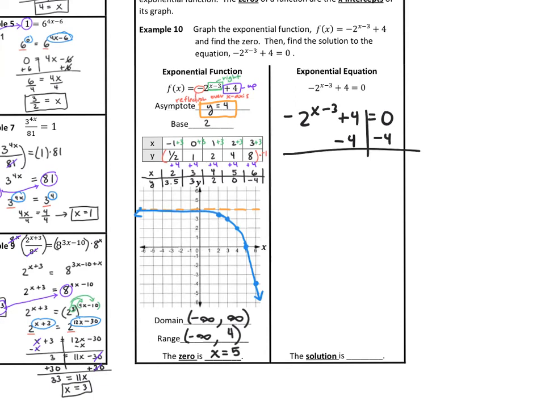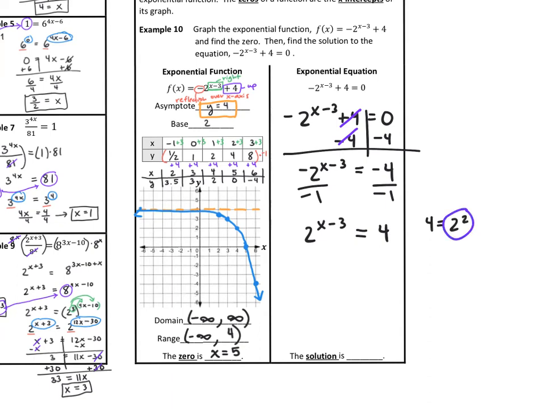So we bring down the negative 2 to the power of x minus 3. Then we see that these will cancel. And what's 0 minus 4? Negative 4. And how do I get rid of a negative? Can I divide both sides by negative 1? Yeah, then both sides become positive. And then we should think of, isn't 4 2 squared?